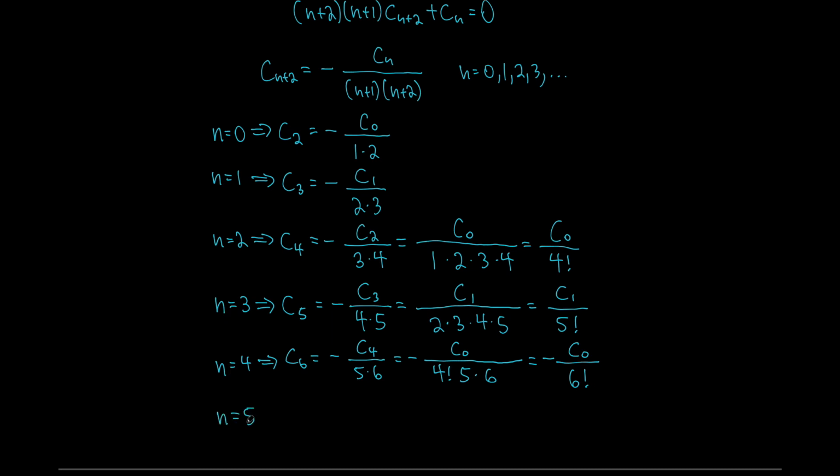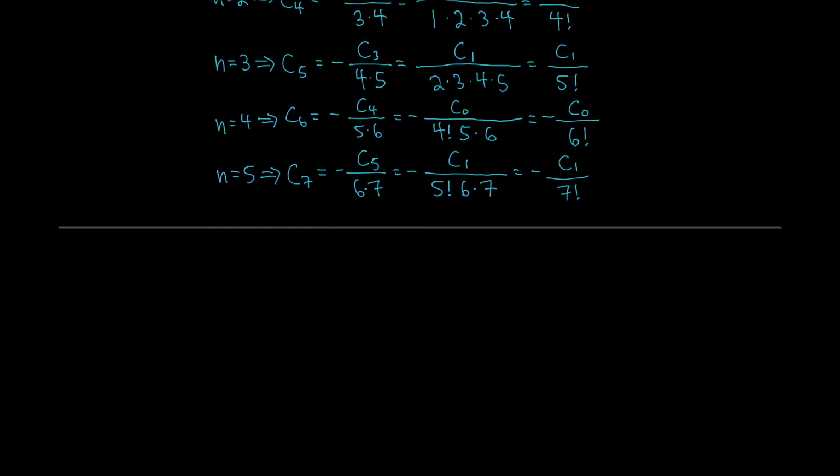And if we just plug in n equals 5, we can see that c7 is equal to negative c5 over 6 times 7, so that's negative c1 over 5 factorial times 6 times 7, which is negative c1 over 7 factorial. So it looks like we've identified a pattern.